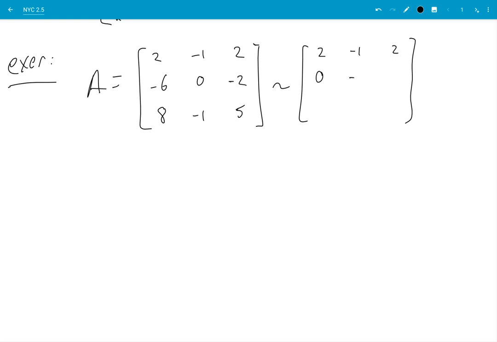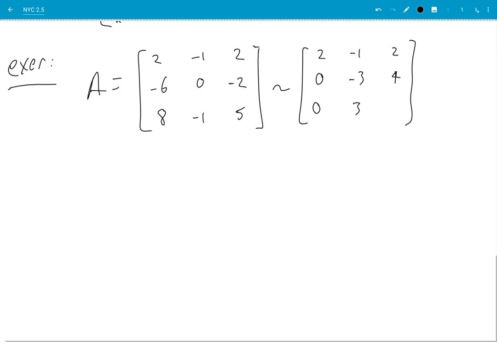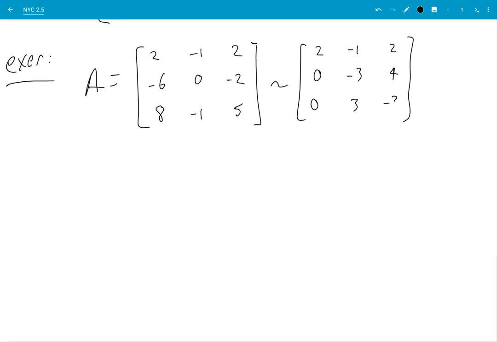Add 3 row 1, subtract 4 times row 1. Oh, don't forget to label your row operations.